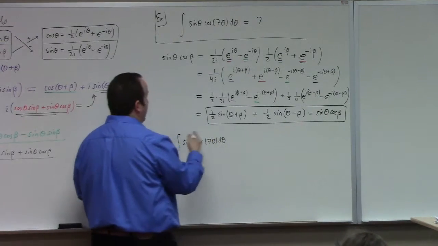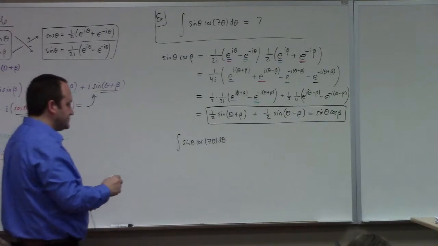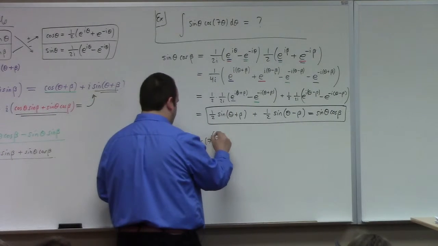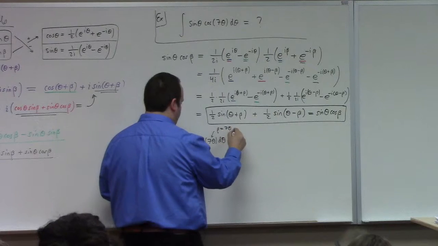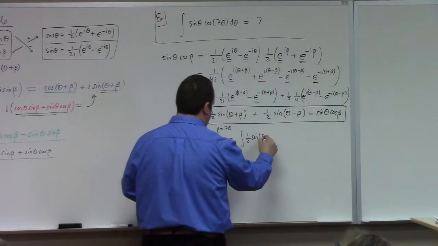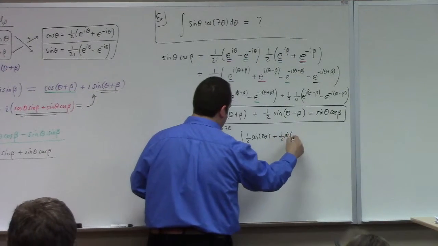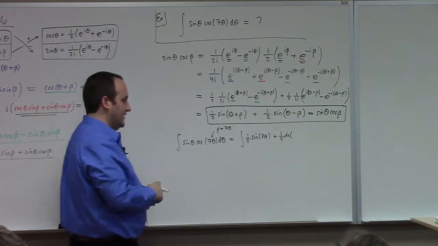We have theta equals theta, and beta equals 7 theta. So this is equal to the integral of 1/2 sine of 8 theta plus 1/2 sine of minus 6 theta, right?